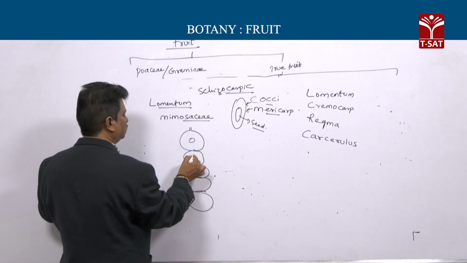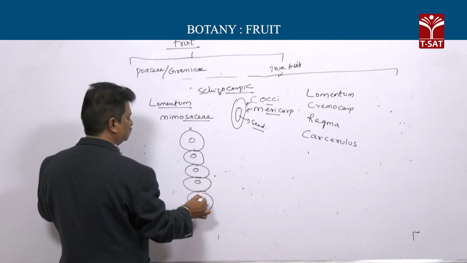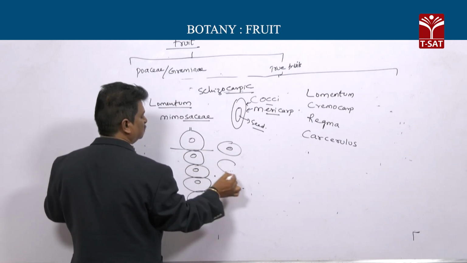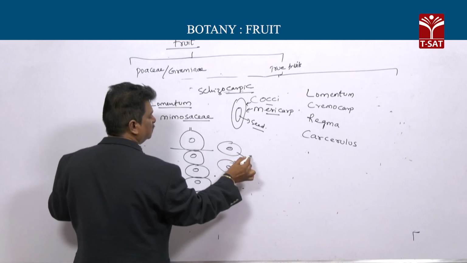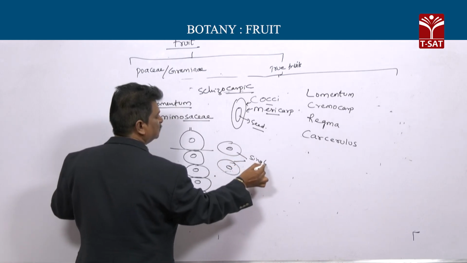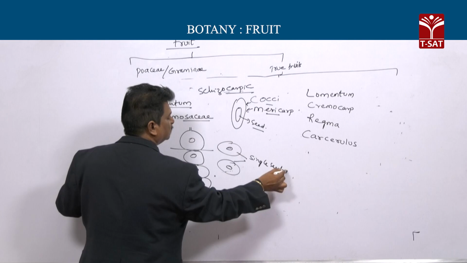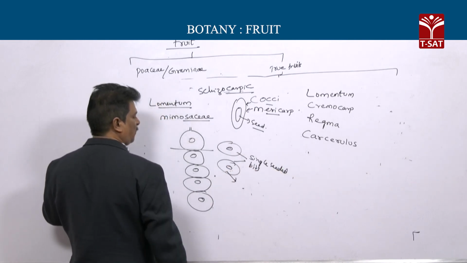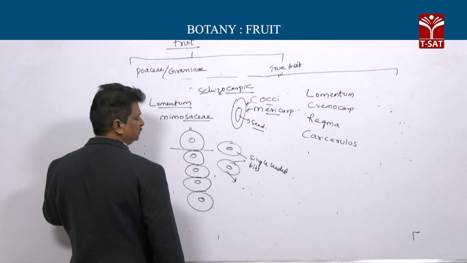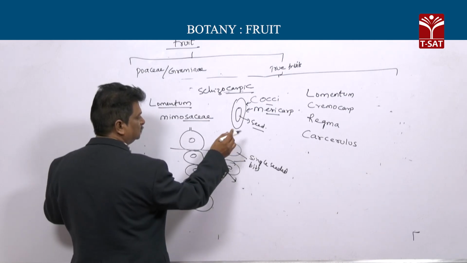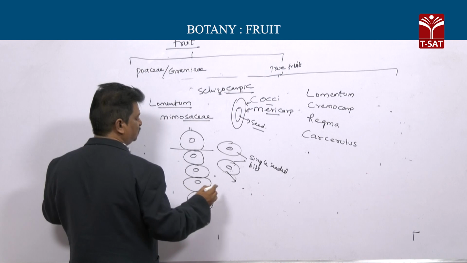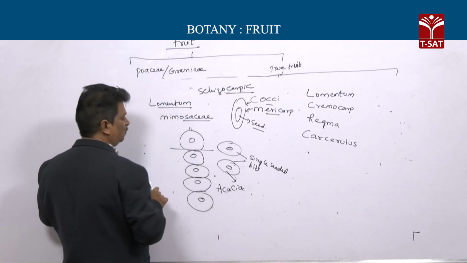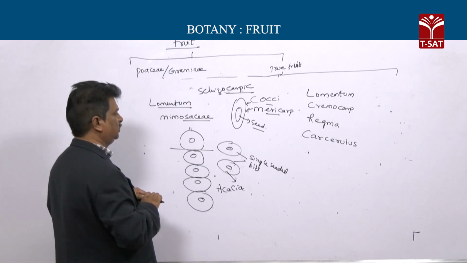Then the fruit breaks into single-seeded bits. After that, the pericarp decays, and then the seeds are released. An example for Lomentum is Acacia.